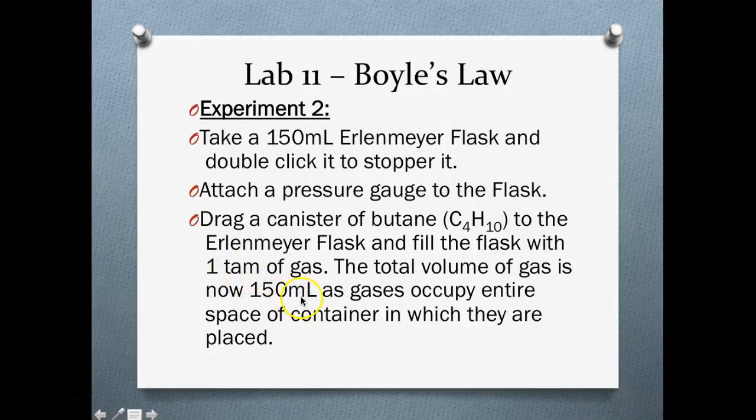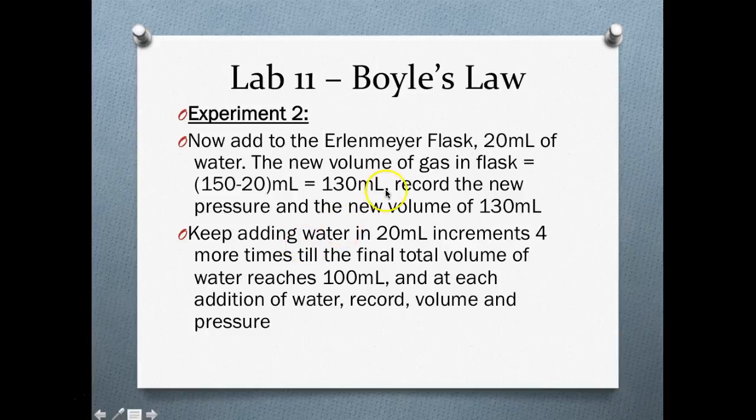Again the total volume of the gas is 150 mL, and then you're going to add 20 mL of water, reducing the volume of butane to 130 mL, record the pressure, and again in the same way keep on adding 20 mL increments till the volume of water reaches 100 mL, and the volume of butane is reduced to a final volume of 50 mL. At each point you're recording volume and pressure.